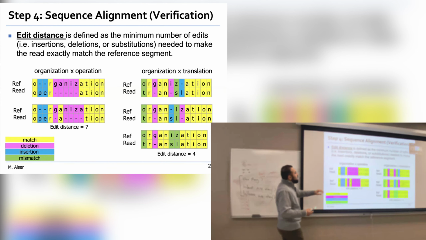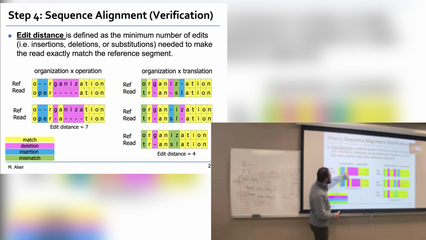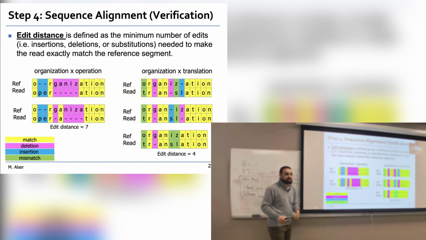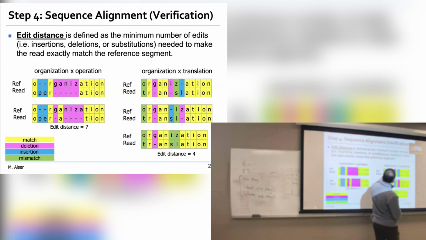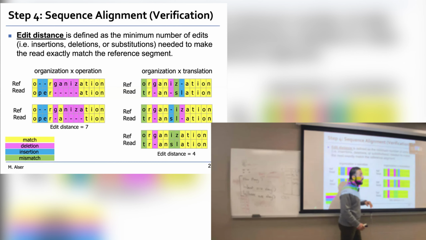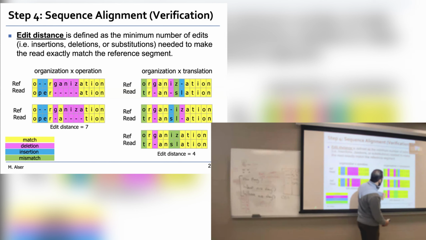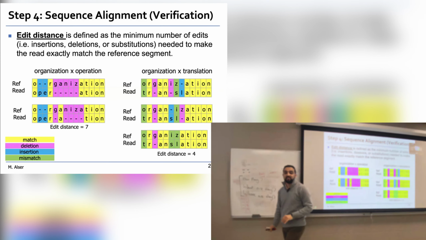So it means what kind of operation I should impose over here to make this look exactly the same as that, right? That is the edit distance and it should be minimum. If it's not minimum, then that's not the edit distance, okay? In here, I have 1, 2, 3, 4, 5. So that is not minimum because this is 5, but this is 1, 2, 3, 4. So that should be the right answer.